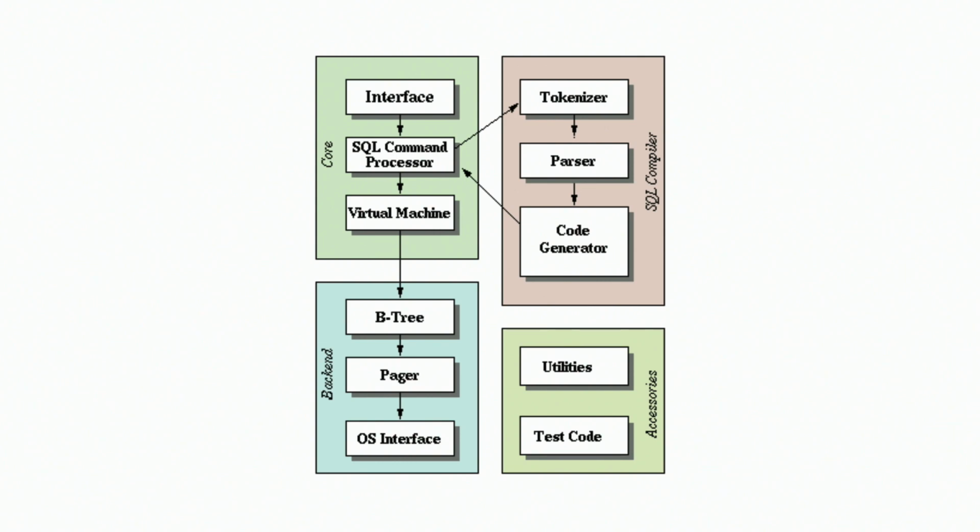So this is how the architecture looks overall. The main takeaway from here is that SQLite works by translating SQL statements into bytecode and then running that bytecode in a virtual machine. The top part is the interface which our APIs connect to.